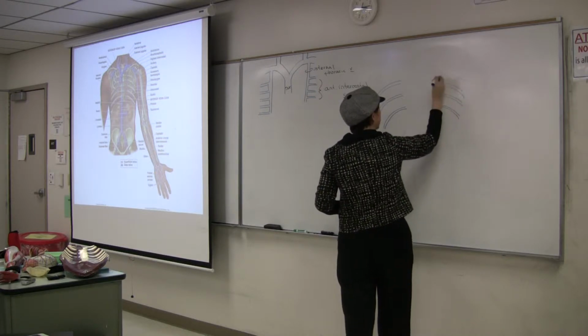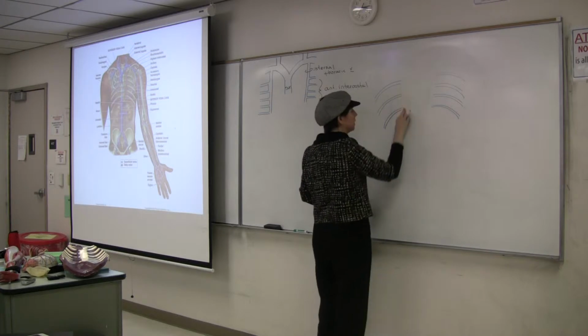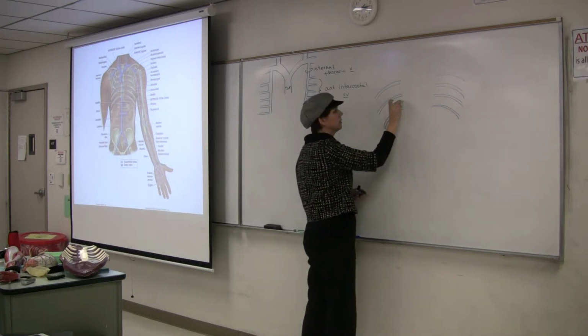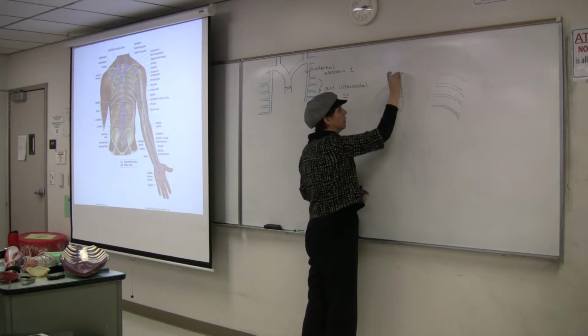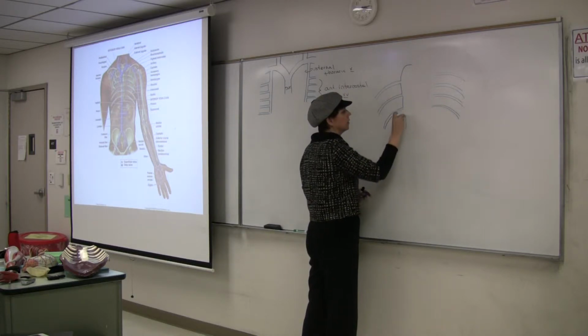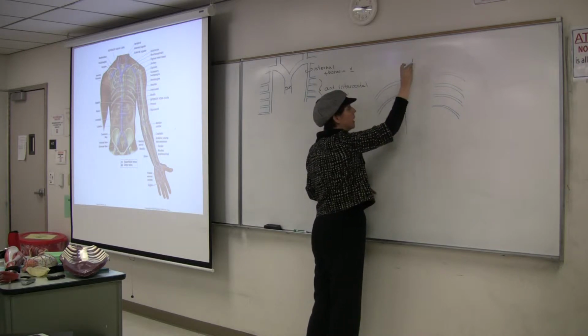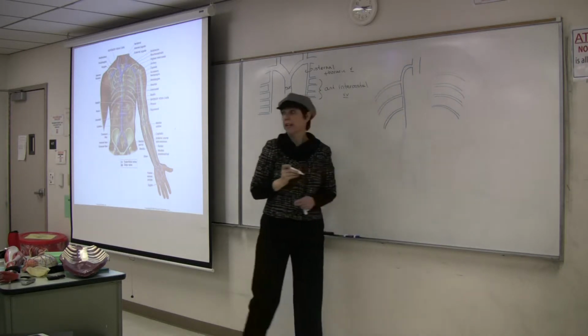So instead, they join into a vessel that looks similar to the internal thoracic, but it's on the back. And this joins directly into the superior vena cava.